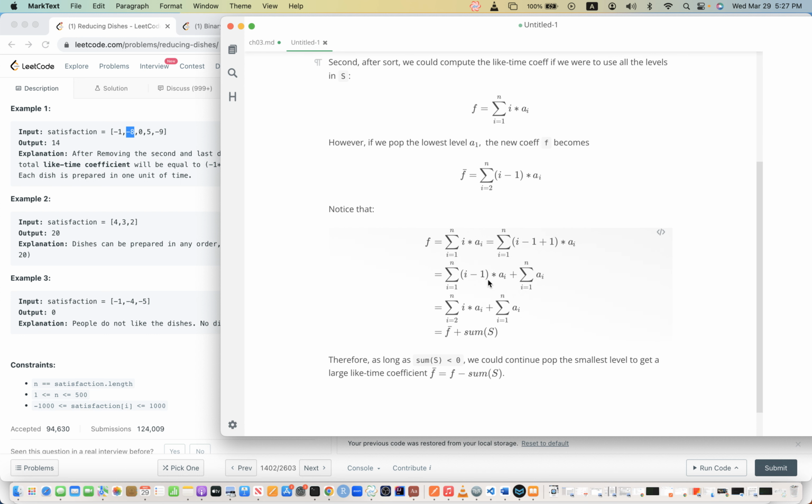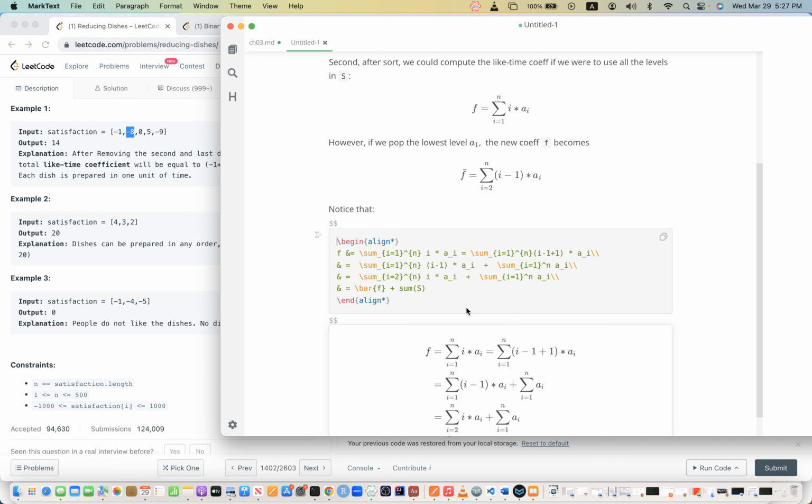And for the first item, when i equals 1, i-1 is 0. So this is nothing different than starting from i equals 2 up to n, times, I guess, (i-1), right?